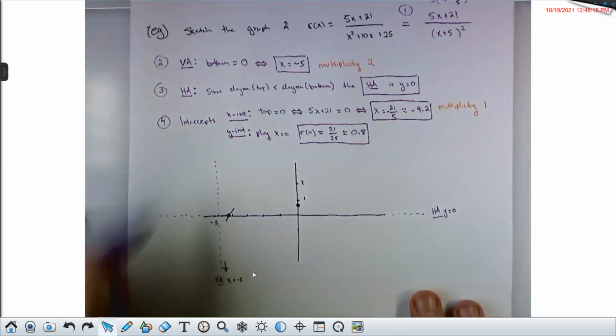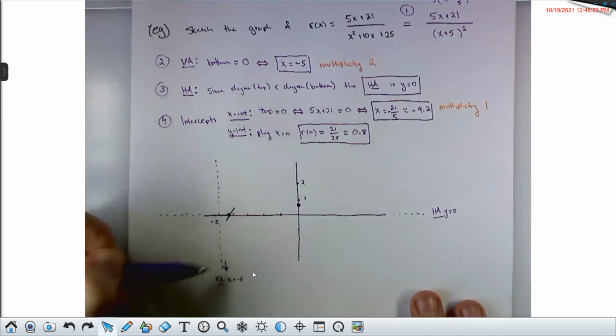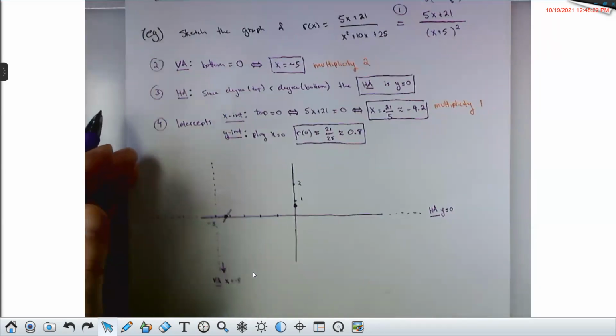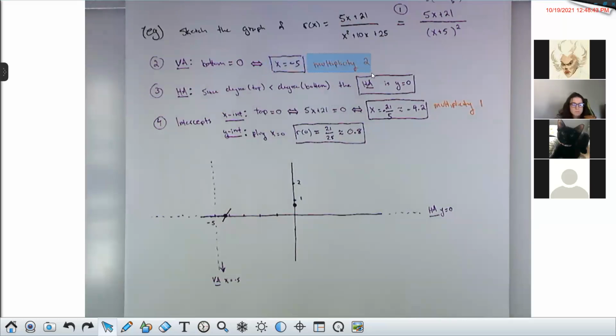All right, what about on the left side of the VA? Is that arrow going to point up or down, and why? Up. So think about the multiplicity of the factor that gave us that vertical asymptote. That vertical asymptote came from a multiplicity 2 factor.